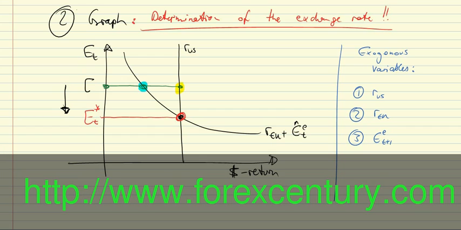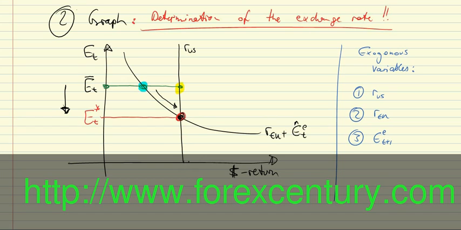So from this level, ET bar, the exchange rate falls to ET star, so that we're essentially moving to this point until we are in equilibrium where the two returns are equal and there are no further arbitrage opportunities.